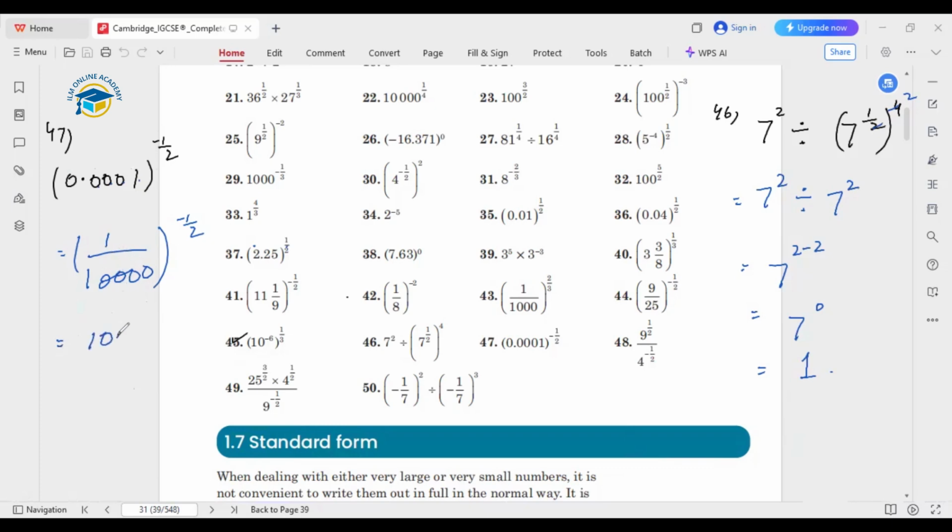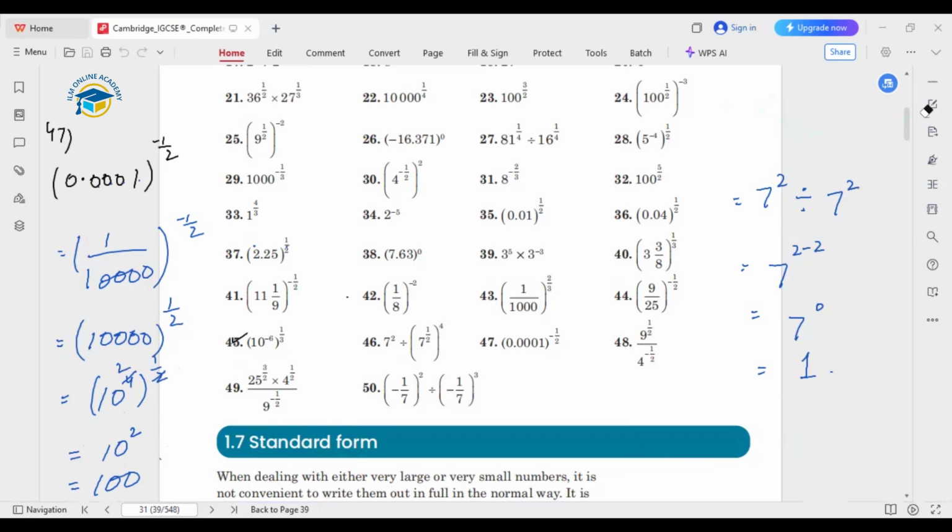We will have this 10,000 in the numerator, and the power will change into 1 by 2. So how many zeros do we have? 4 zeros, and keeping this 1 by 2 as it is, 2 times is 4. 10 raised to the power 2 is remaining, that is basically 100. Okay, so in this way, these questions can work.